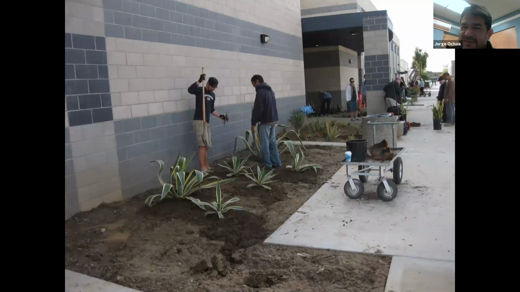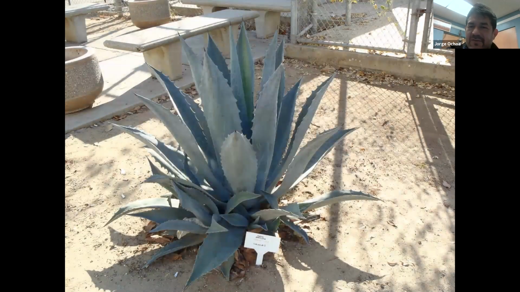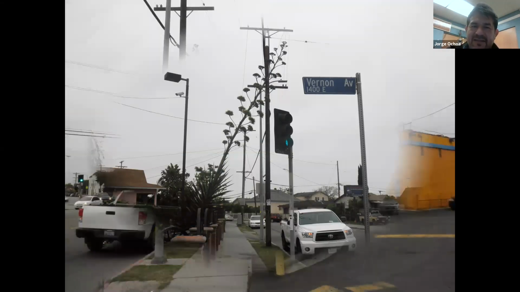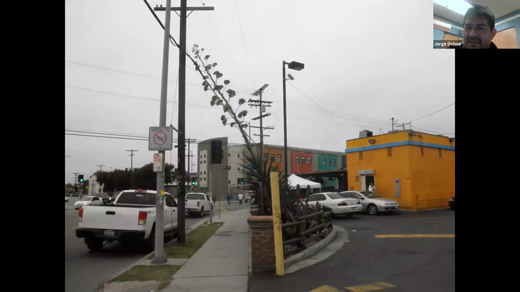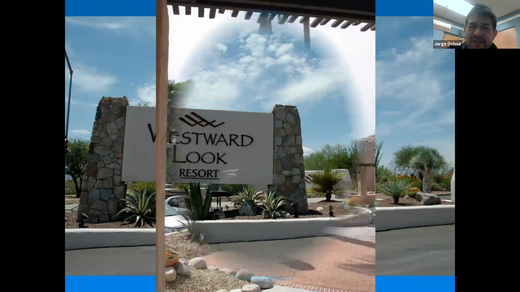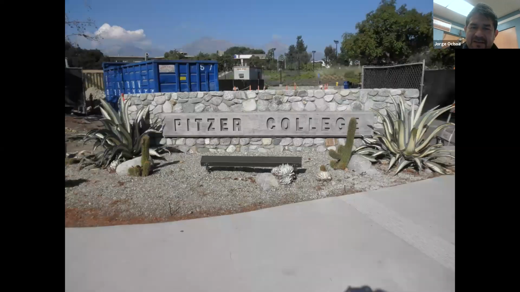And so we have different agaves being used in the landscape. Here are some older photographs of agaves that we have here. Here are agaves in the landscape, flowering and getting ready to die, growing higher than the lights. And even in some of the drier areas. So here's Arizona, and I was able to be there.